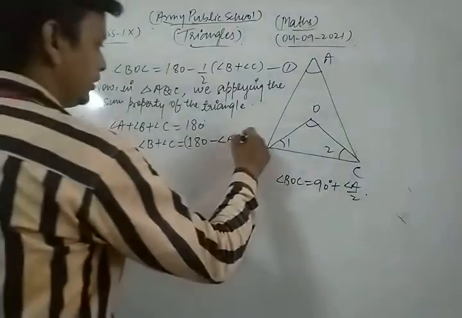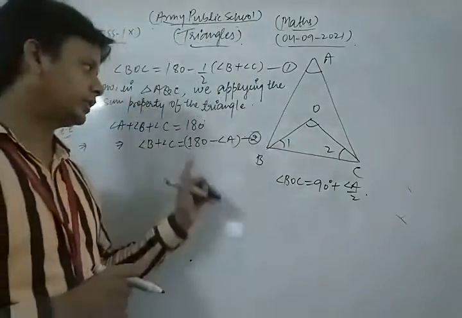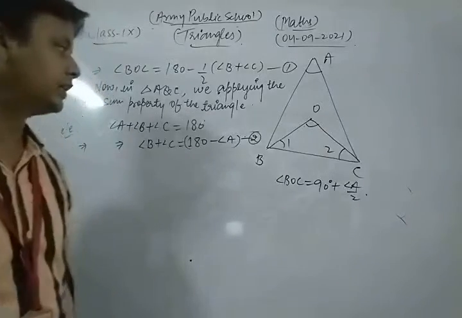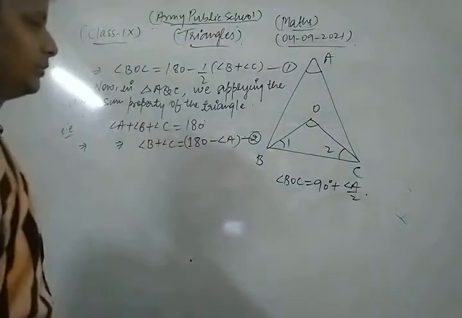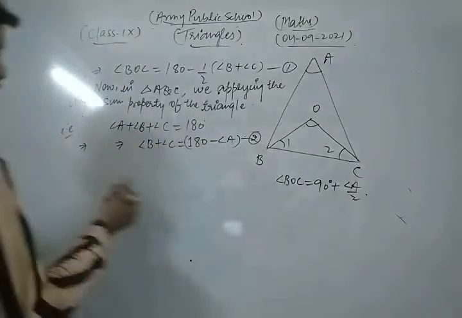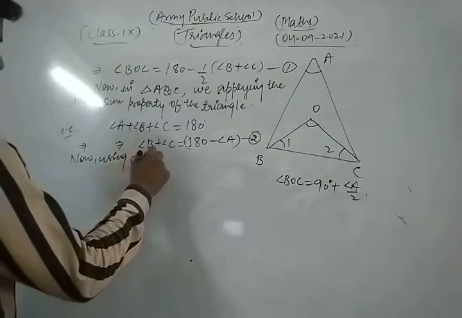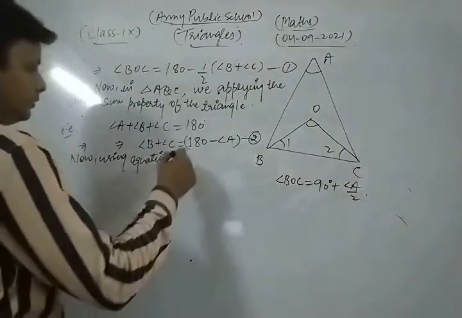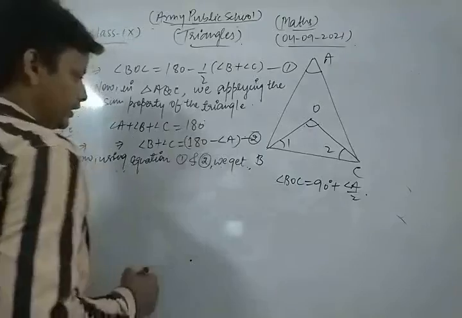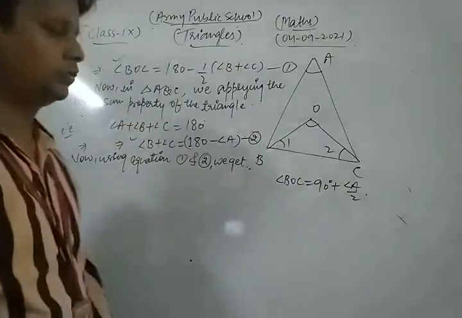Okay, we take this as equation number 2. So in this way, dear student, with the help of this equation, we find the value of angle B plus angle C as 180 degrees minus angle A. Now using equations 1 and 2, we get what?